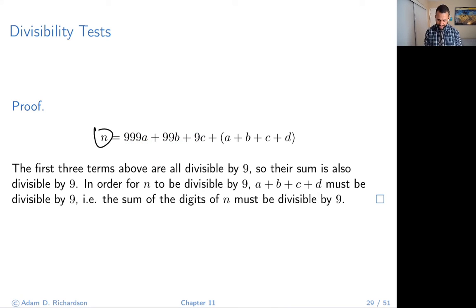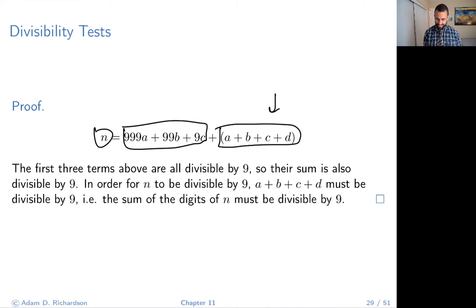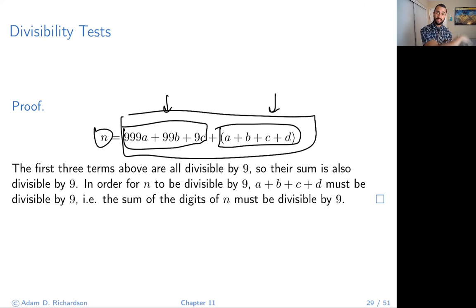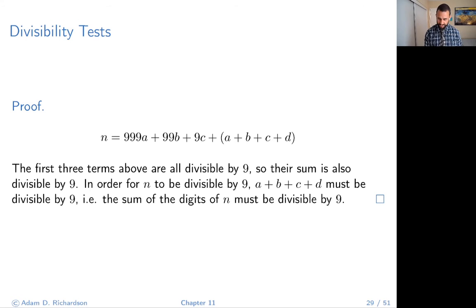So in order for n to be divisible by 9, we need this to also be divisible by 9. Because if this is divisible by 9, and we already know this is divisible by 9, then the whole thing is divisible by 9 by that theorem we saw in the previous lecture, right? That's what's so cool.